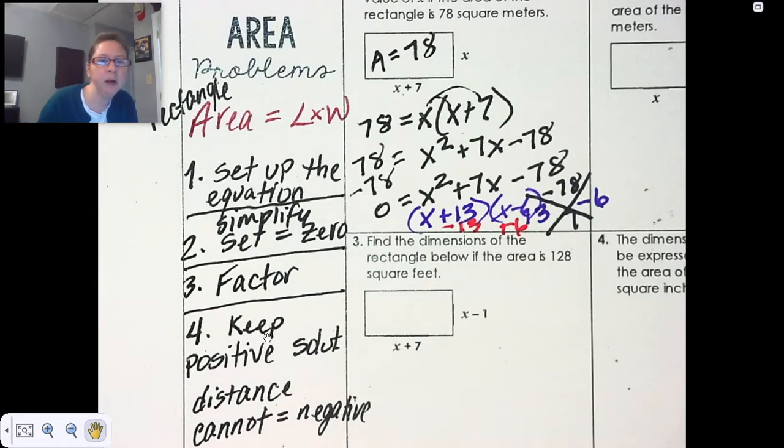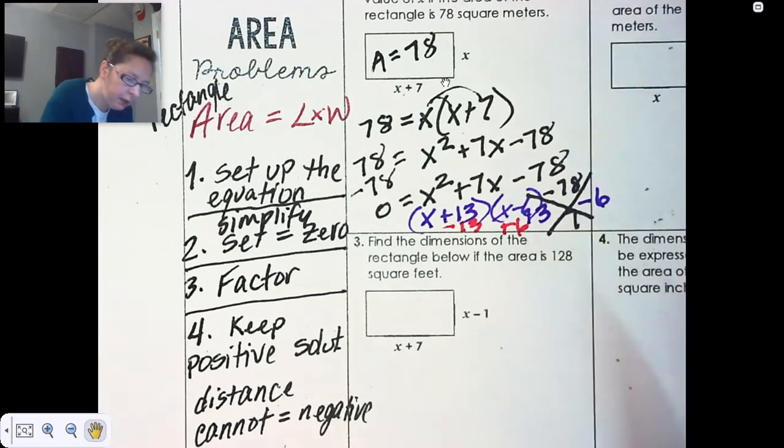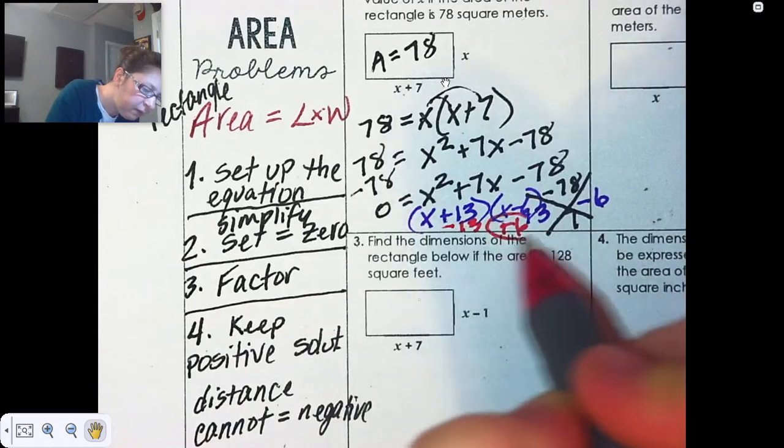So the reason that I only want to keep the positive solution is because it is now a measure of distance around a rectangle. And just remember, distance cannot be negative. I can't have a negative width or a negative mile that I walk, okay? So the solution that I want to keep is the 6.